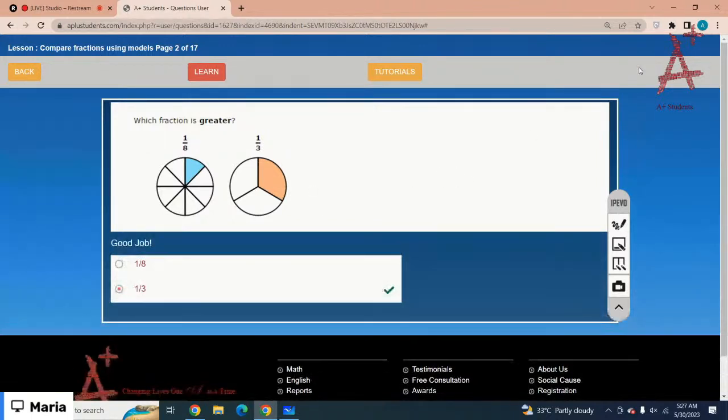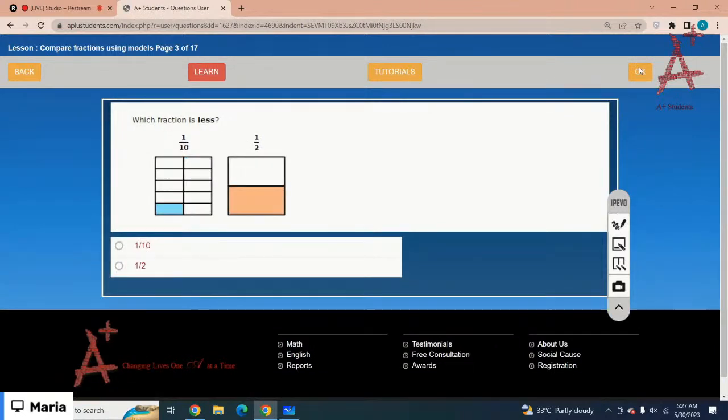Got it? Okay, which is less, 1 over 10, 1 over 2? Yes, 1 over 10 is less. You can see just this portion is colored, so 1 by 10 is less than 1 over 2.